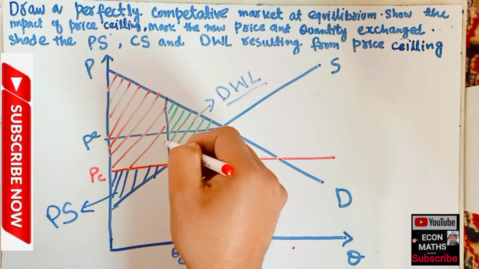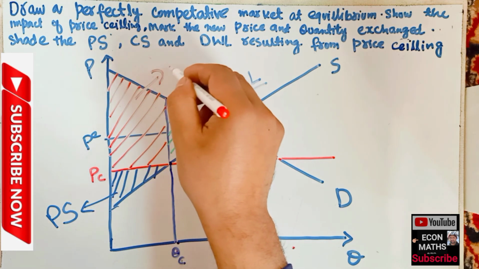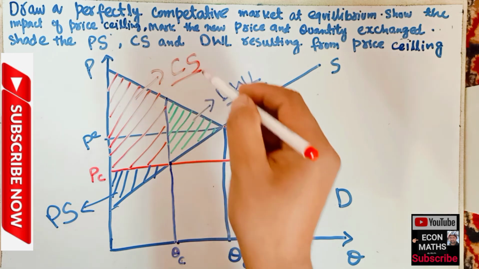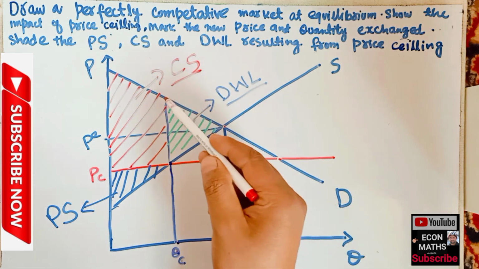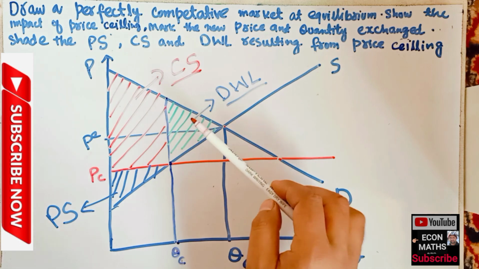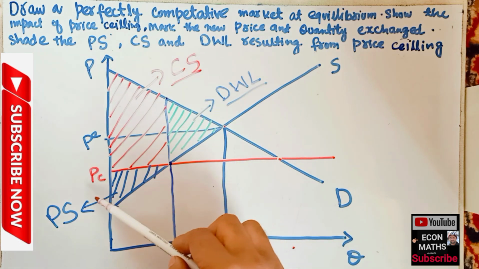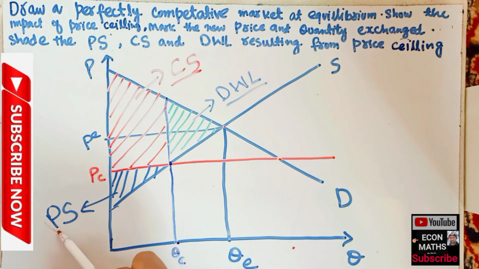So this portion is our consumer surplus. Our deadweight loss is this triangle, and the producer surplus has become small because of the effective price ceiling. So this is how we graph this situation.